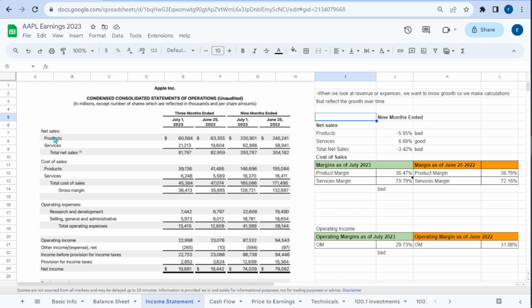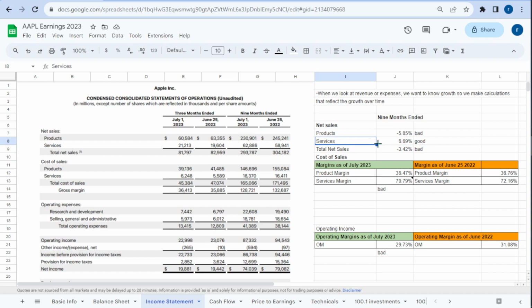So right here, they have net sales, and then they have products and services. So they break down their sales into these two categories right here. Now, they also have this 3-month and this 9-month. So I like to look at the longer time frame. So if I'm looking at the longer time frame right here, we're looking at products and services, and we're comparing from June 25th, 2022 to July 1st of 2023.